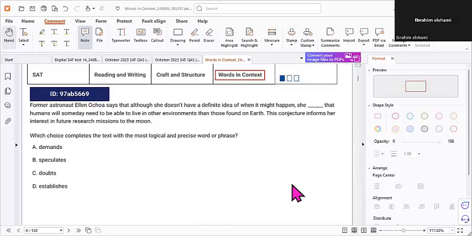This conjecture formed her interest in future research missions to the moon. Demand, speculate, doubts, or establish?